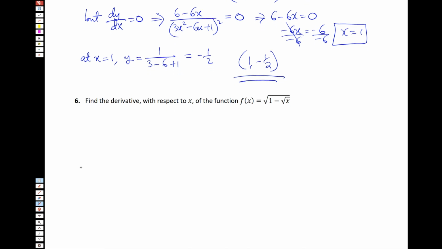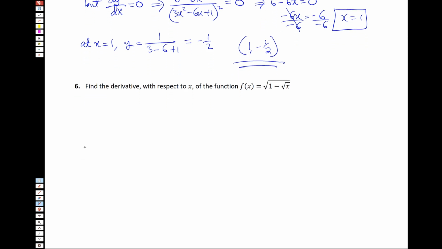Okay, number 6. Now for number 6, we have this function and we are required to find the derivative of this function. So I'm going to rewrite it so that we can apply chain rule. So f of x is equal to 1 minus x to the power a half, to the power of a half.